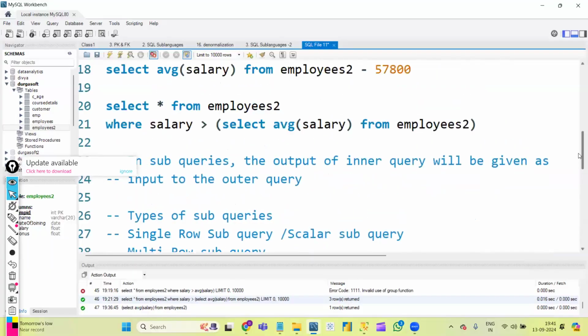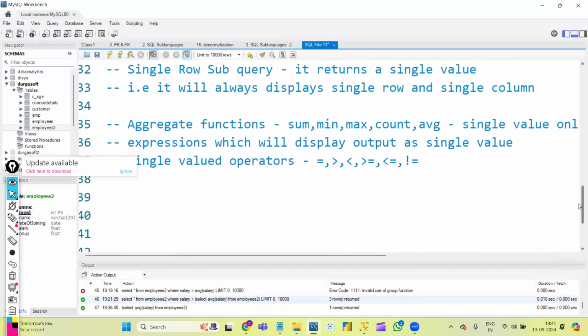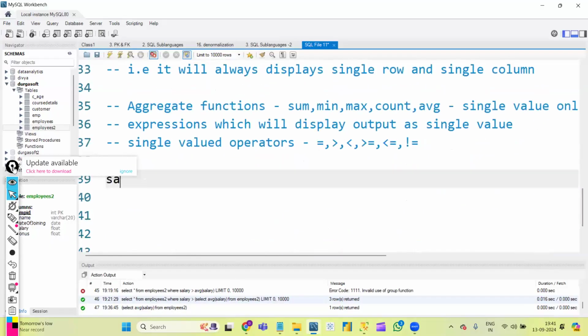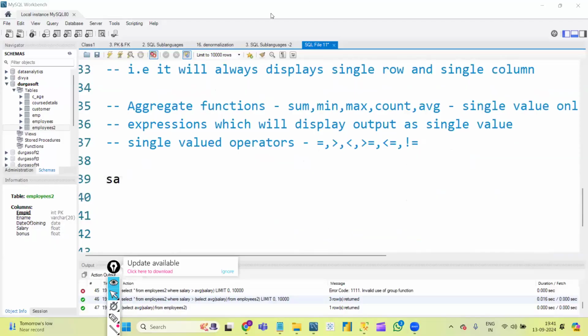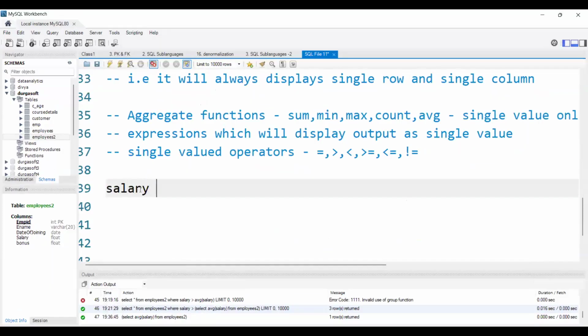If I say select star from employees where salary greater than some value, in the same way salary equals to some value, less than some value, greater than or equals to some value, whenever we use all these operators, we are talking about one single value only, correct?